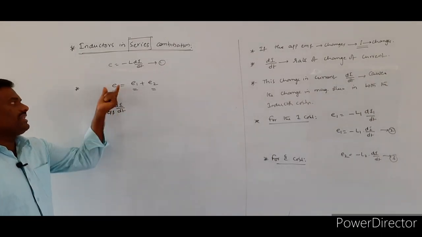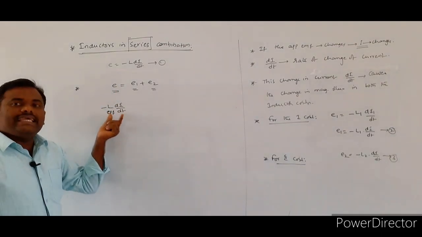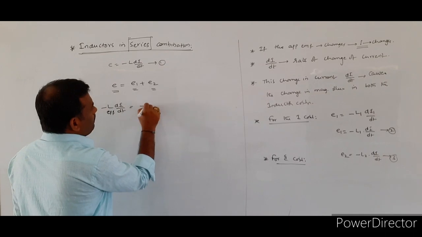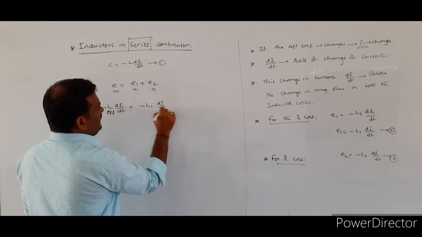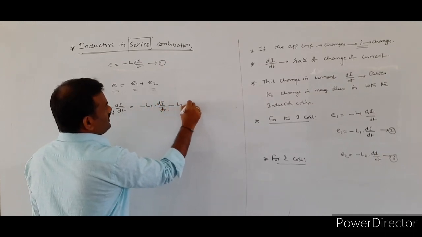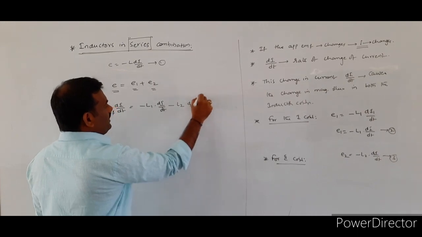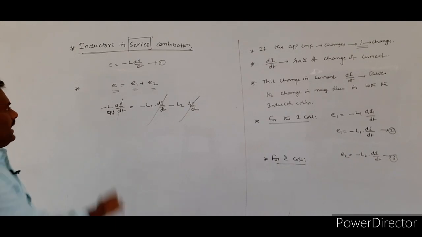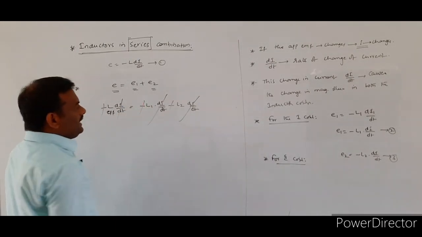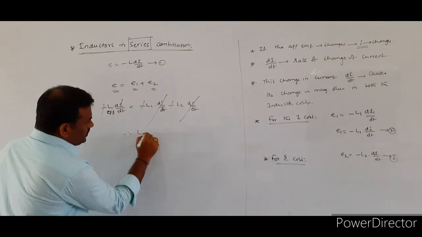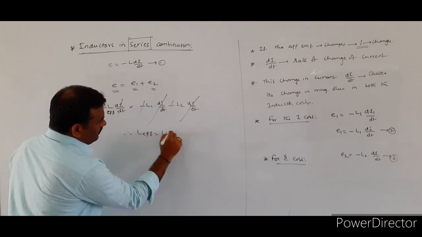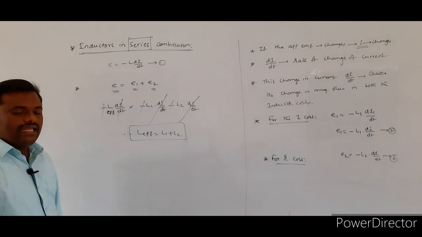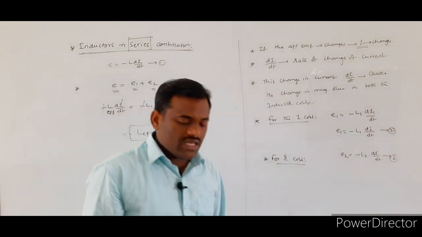So in place of effective EMF, I write minus L effective into di by dt, equal to minus L1 into di by dt, plus minus L2 into di by dt. The di by dt terms get cancelled, and the minus signs also get cancelled. So finally, L effective is equal to L1 plus L2.